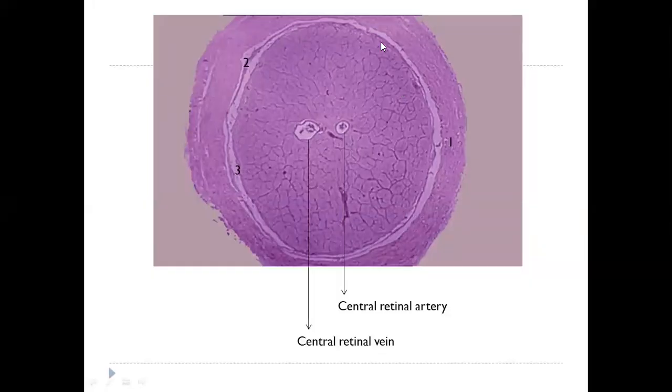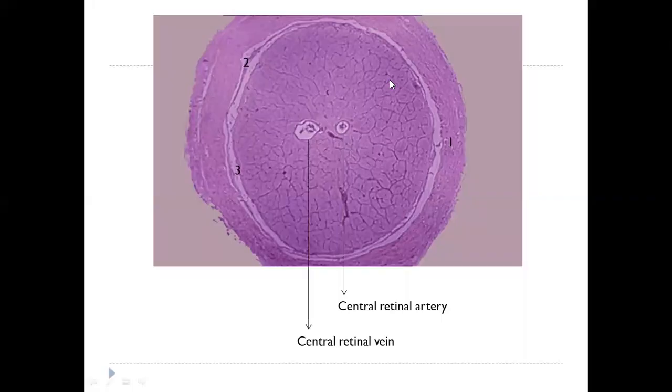Yes, Nitin. In the peripheral nerve, the coverings are outer epineurium, middle perineurium, and inner endoneurium. Whereas in optic nerve, the coverings are outer dura mater, middle arachnoid mater, and inner pia mater. And in the optic nerve, there is a central retinal artery and central retinal vein, whereas it is absent in the peripheral nerves.